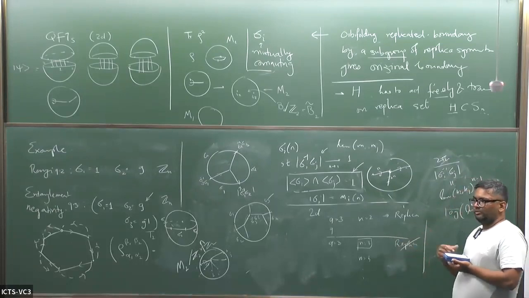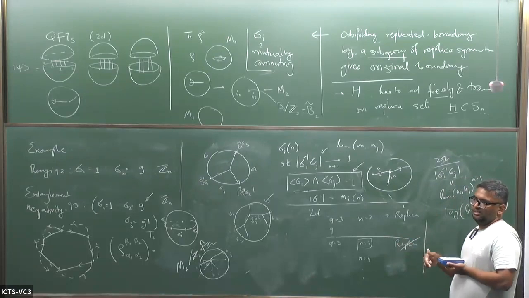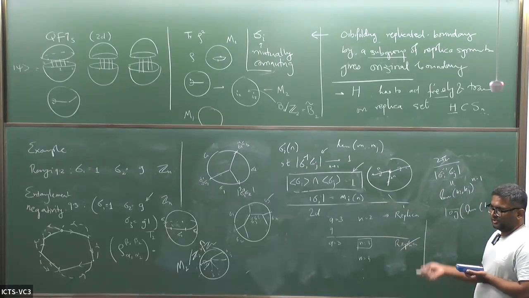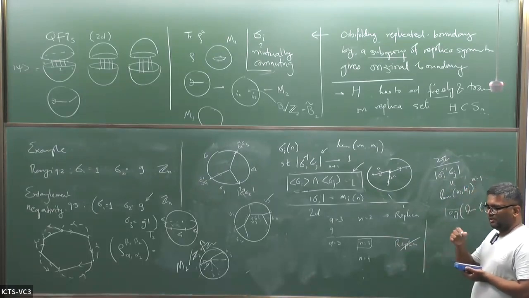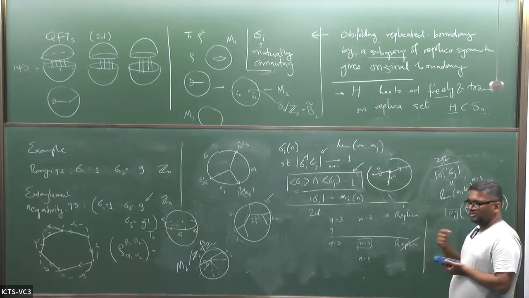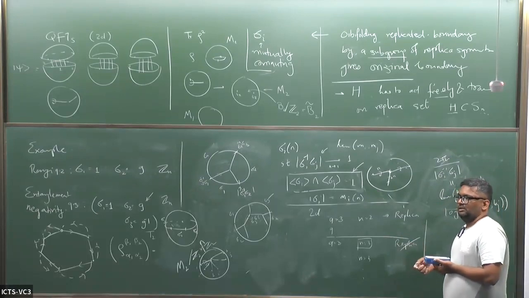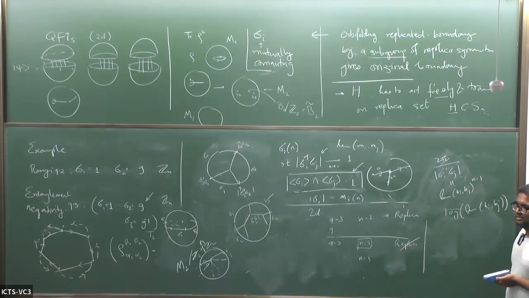Now you want to ask whether that set is closed under replica symmetry. So one can try to answer it that way: identify all the A cycles and B cycles, how the replica symmetry acts on those cycles, and whether you can find a set which is closed in that manner.